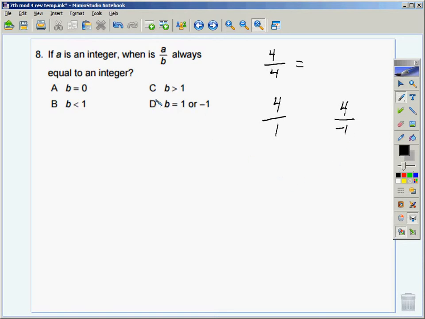So the correct answer for this is D. B equals 0, I can't divide by 0, couldn't have been an answer. B being less than 1, there's lots of numbers less than 1 that would have given me a fraction, just like lots of numbers greater than 1 that would have given me a fraction.